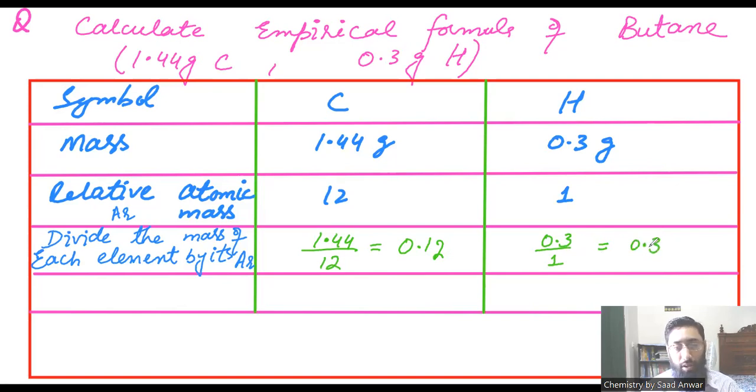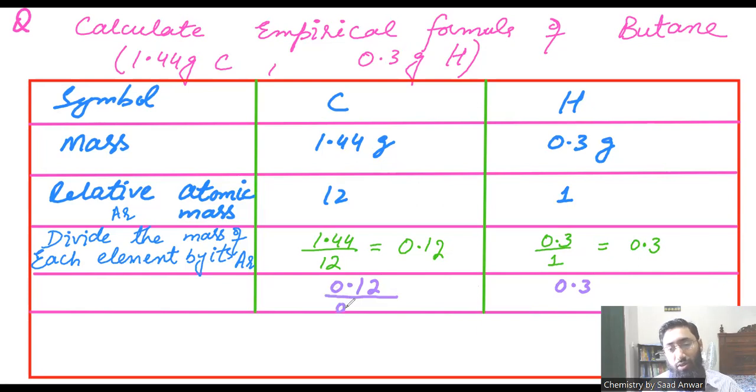Now can I say this is 0.12, this is 0.3? Which is the smallest number, 0.12 or 0.3? Obviously 0.12 is the smallest number.